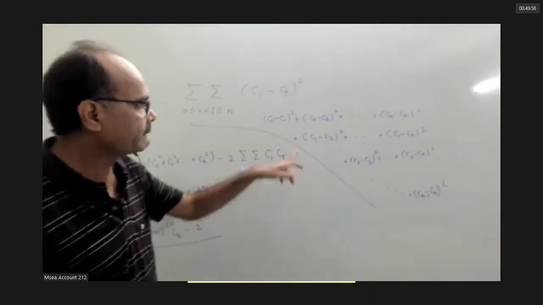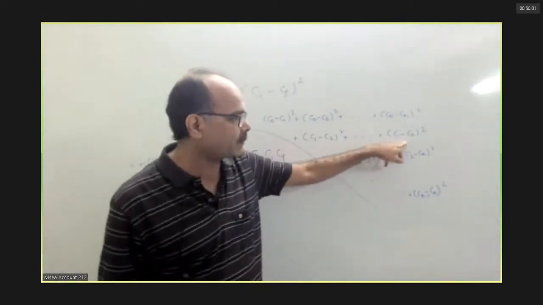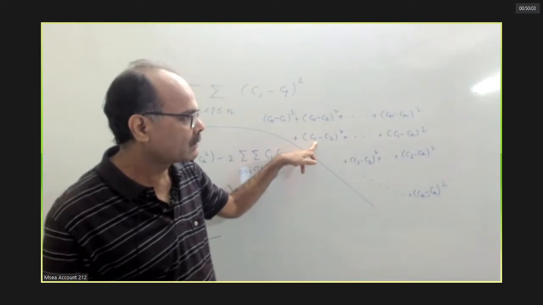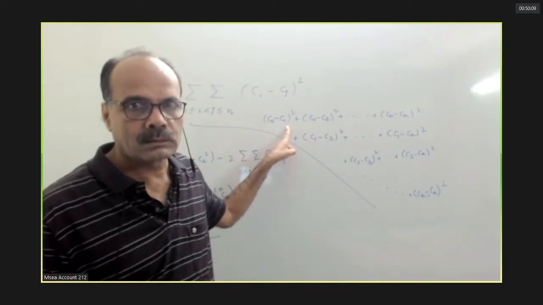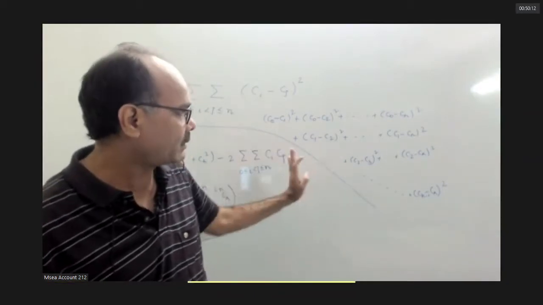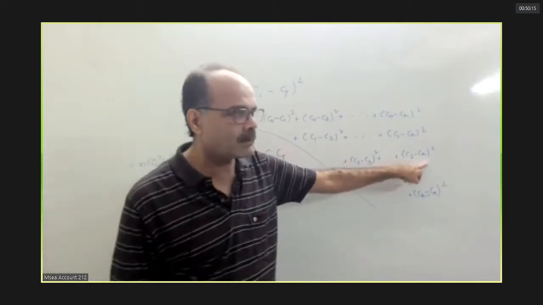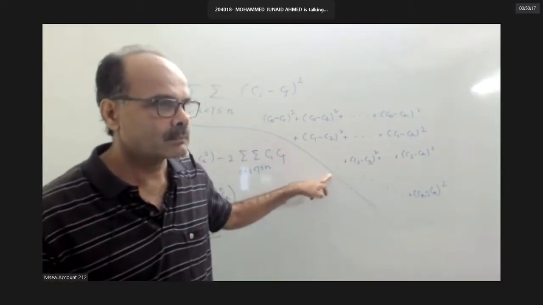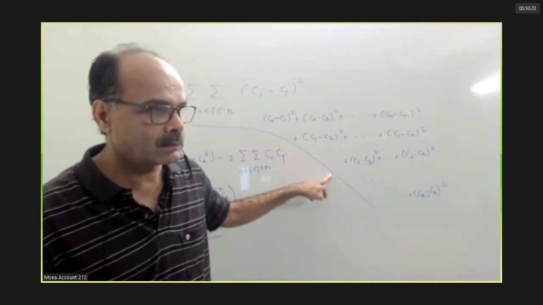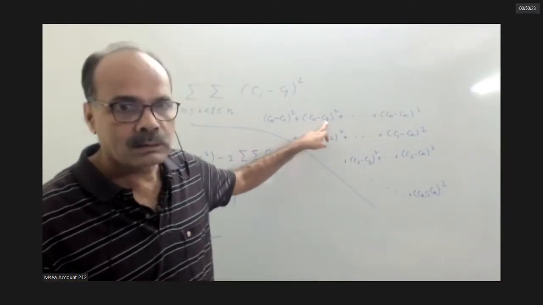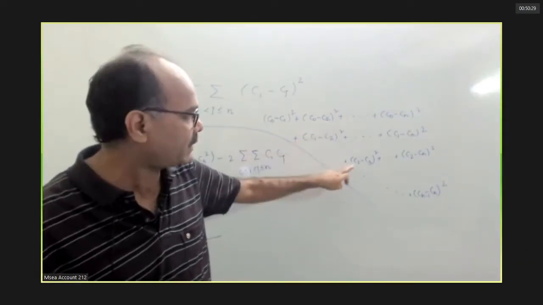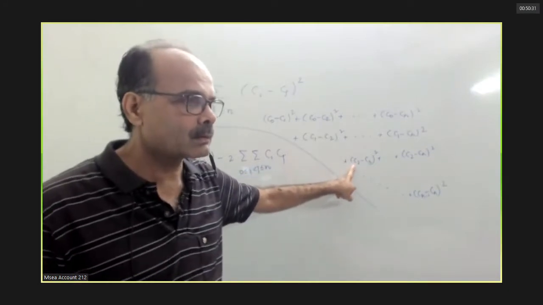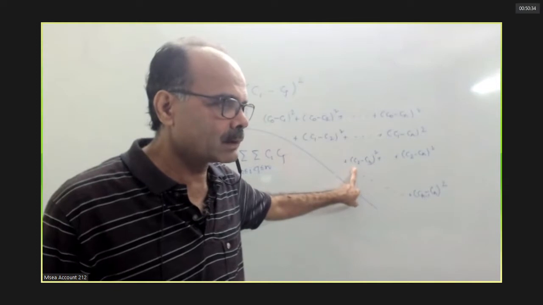Come to C1 square: it appears n minus 1 times here and 1 time here, so in total n times. Again, C2 square will appear n minus 2 times, and 1 time here, 1 time here. So in total it appears n times. Got it, sir.